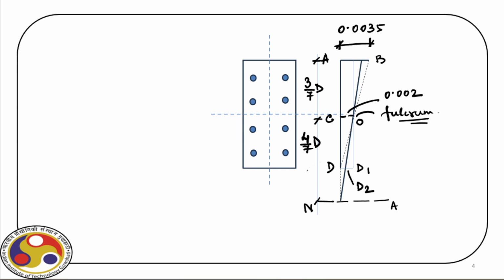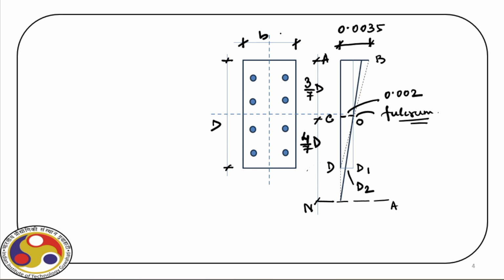So the total depth is capital D, and total width is B, right?